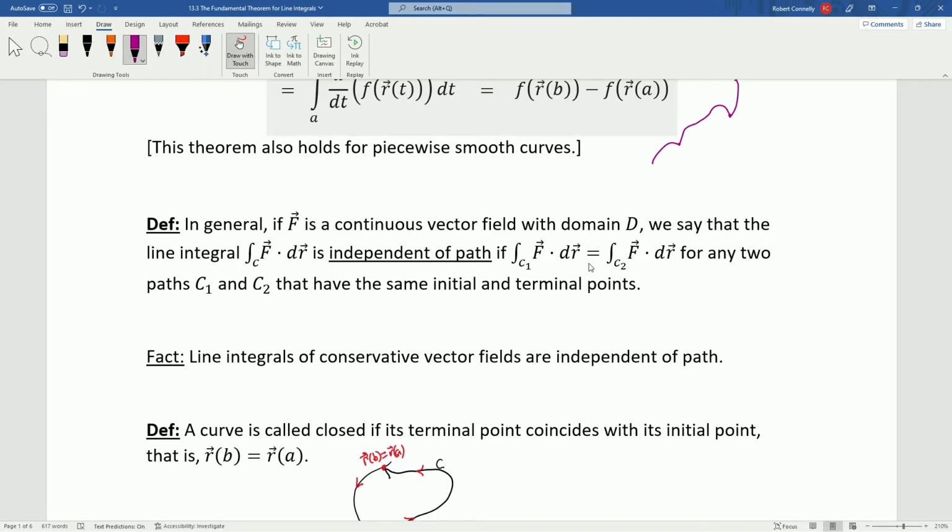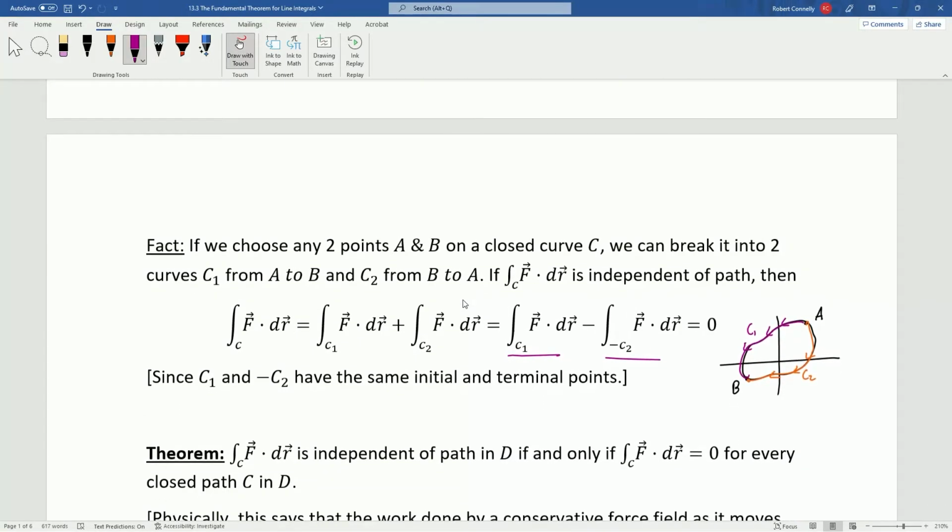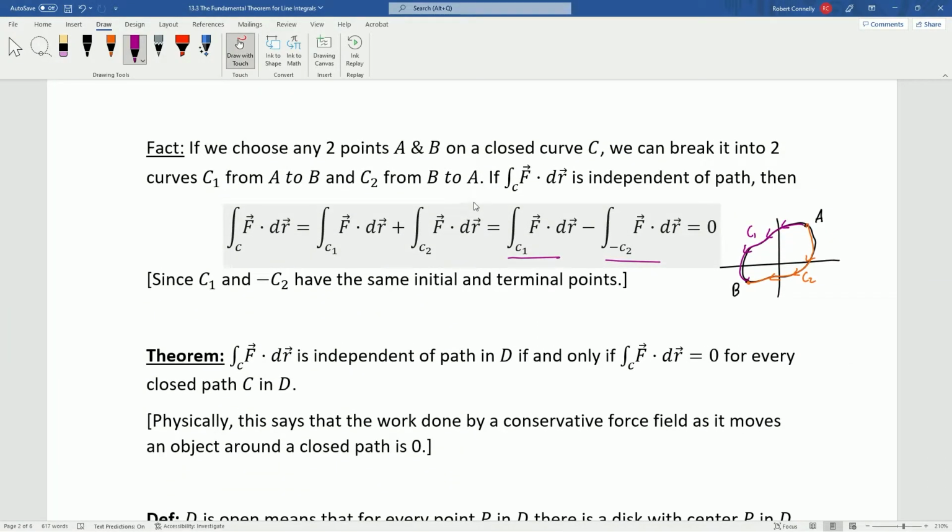So, what does it mean to be independent of path? It means you get the same value for the integrals between the same initial and terminal points. Okay, so we want to know what some words mean. What does closed mean? It means the curve ends at the same place that the starting point began. Well, what else do we know?